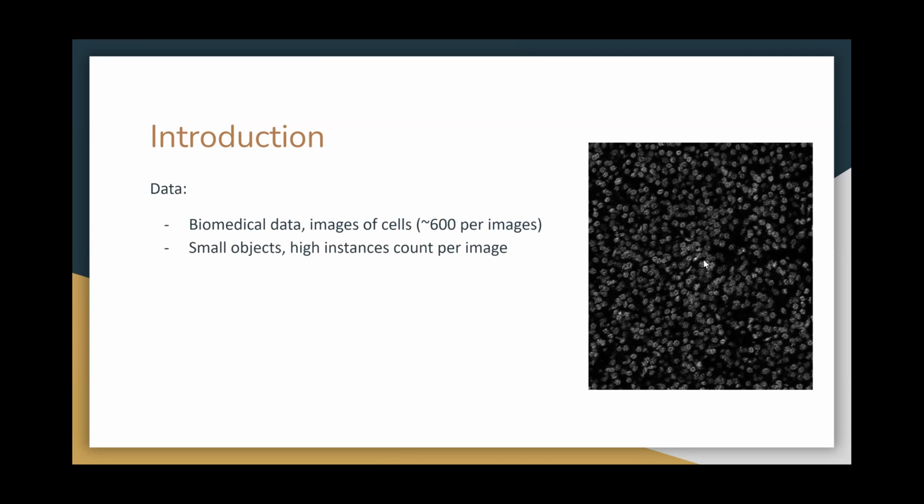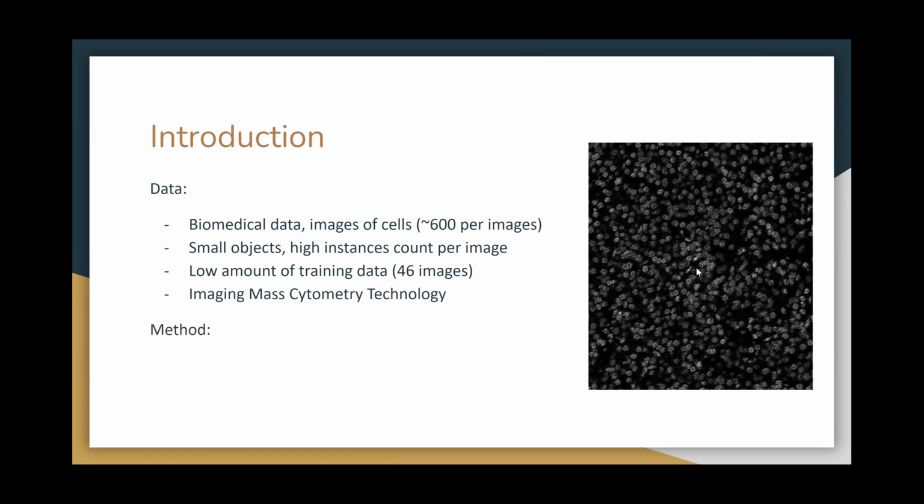So as seen before, this is the image. We have small cells and we have around 600 per image. Then our training data is relatively low with 46 images, and we're dealing with imaging mass cytometry.